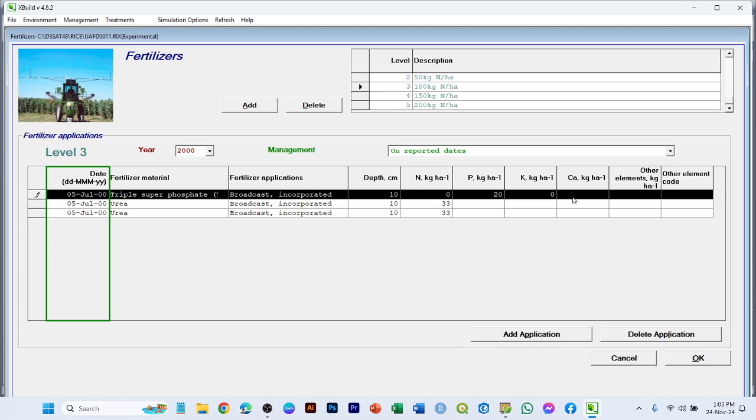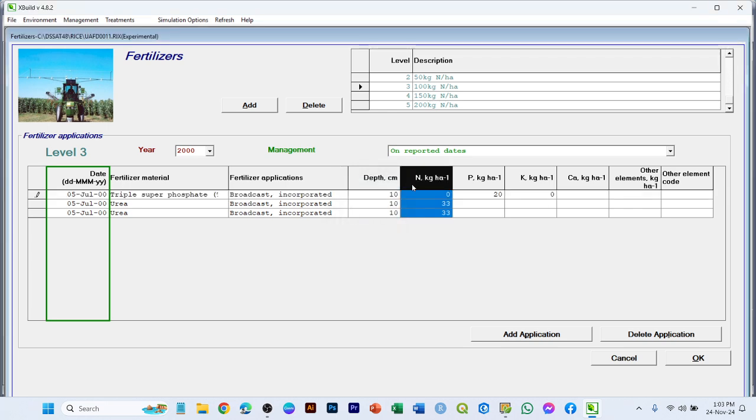You make the nitrogen zero and phosphorus how much? 50, for example. The source will be changed. That is P, 50. If the option isn't there, you have to scroll down.